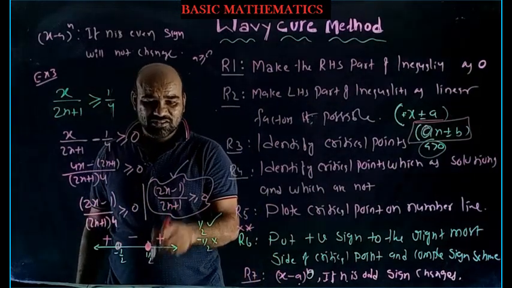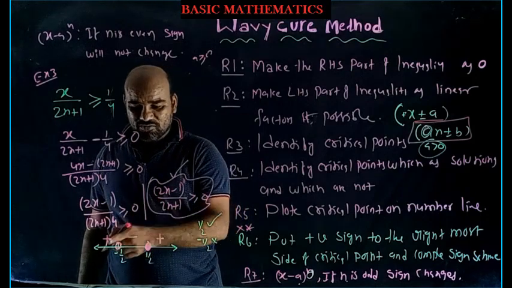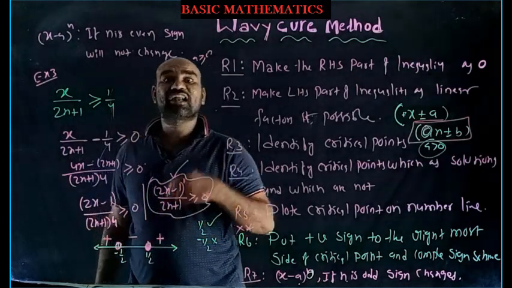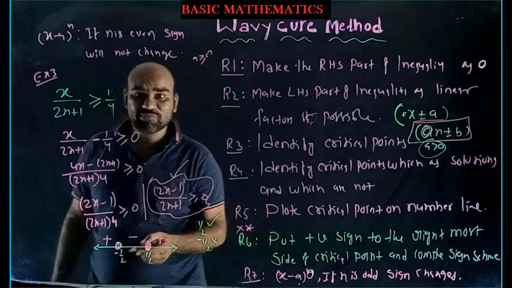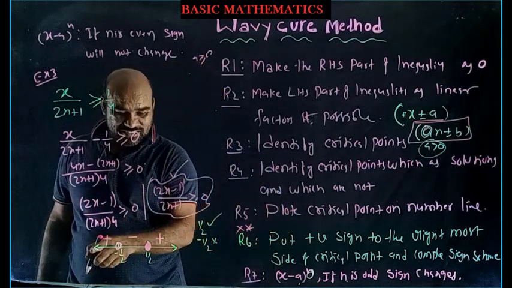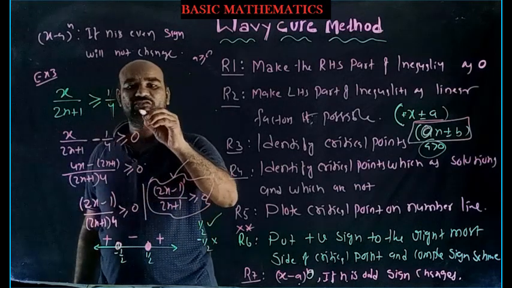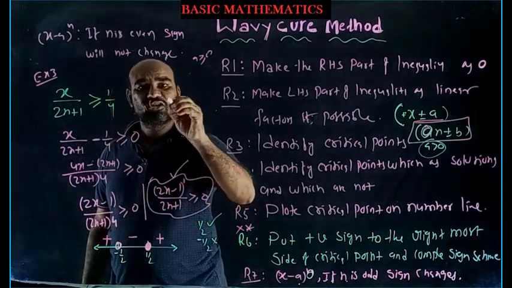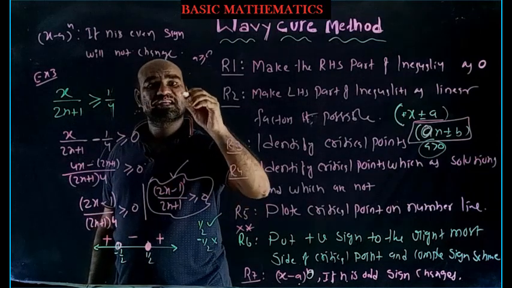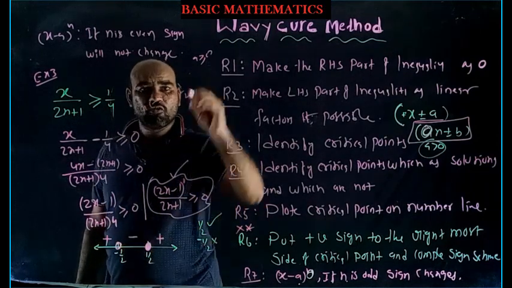So plus, odd, minus, odd, plus; the sign changes. What I want is greater than 0, so I want the plus signs: minus infinity to minus half and 1 by 2 to infinity. So I want to write the solution here. Therefore, x belongs to minus infinity to minus 1 by 2. Minus 1 by 2 is not a solution, so open bracket.